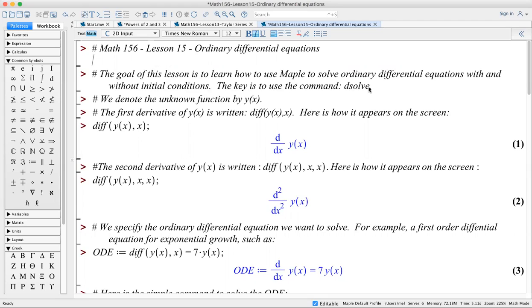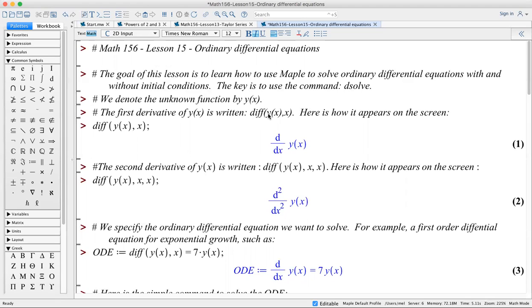And the fundamental command is simply Dsolve. Remember, to solve equations, we would just use solve. Or to solve in floating point, we would use fsolve. To solve a differential equation, the command is Dsolve. And the notation we use is the following. The unknown function, the solution of the equation, is going to be denoted by y of x.